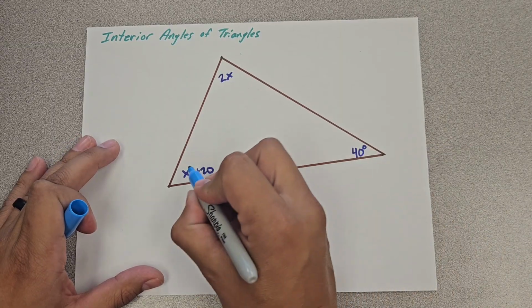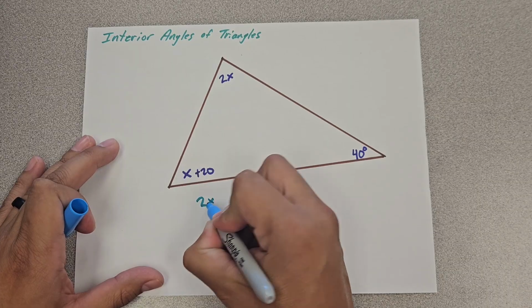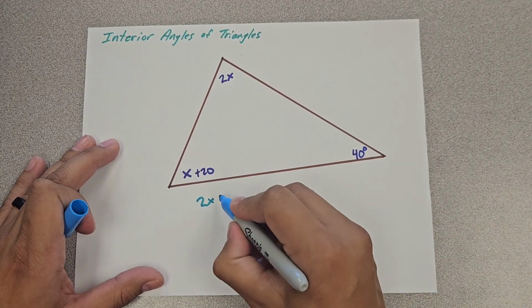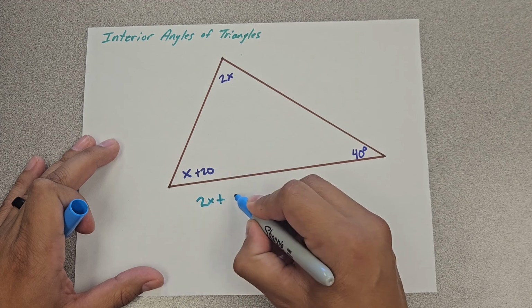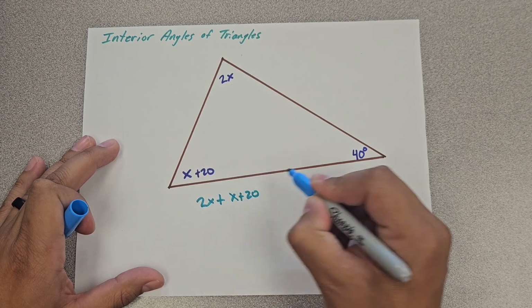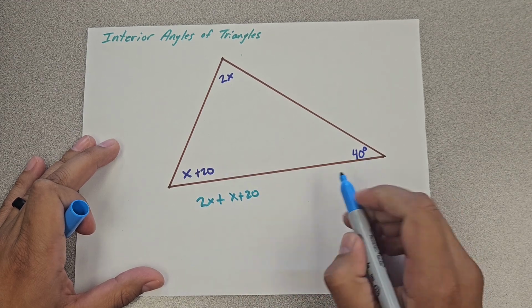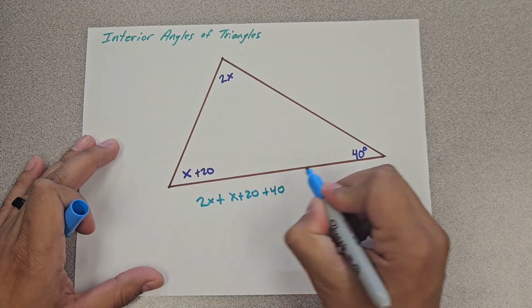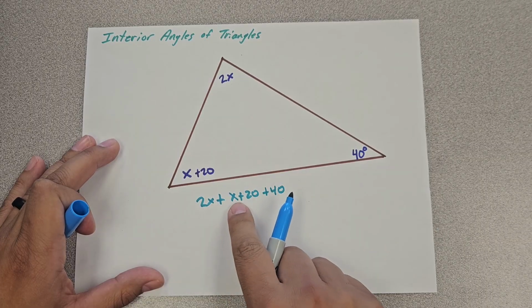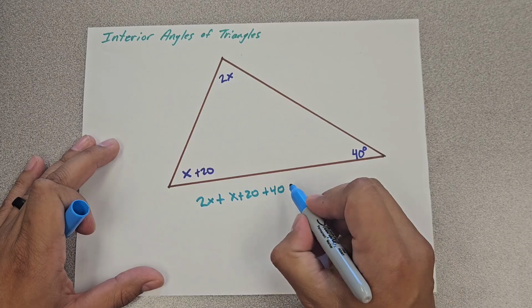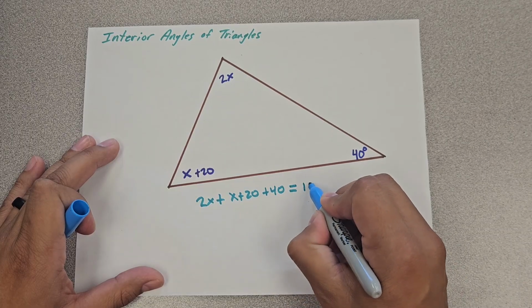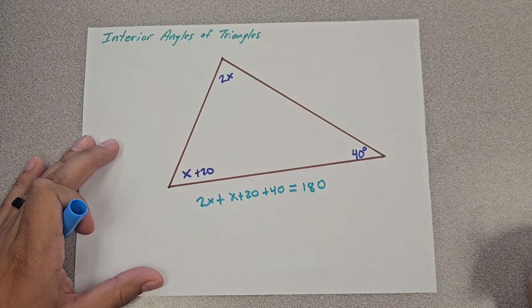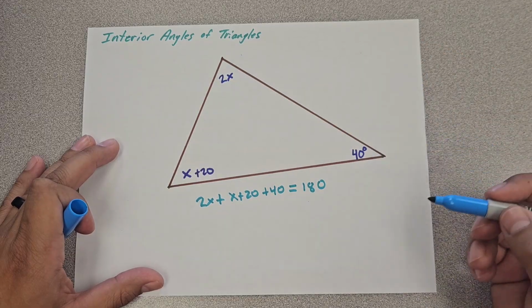So I'm going to take my first angle, which is 2x, add my second angle, which is x plus 20, and my third angle here, which is 40. Those are my three angles, angle 1, angle 2, angle 3. I know that they all add up to 180 because a triangle's three angles add up to 180.